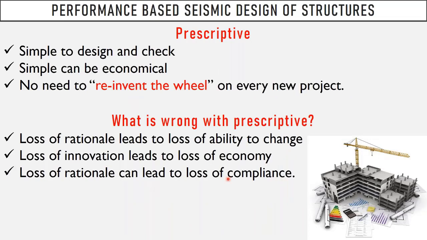But up to now, we have a general approach or general tendency in the design of buildings, which is so-called prescriptive. We have so many codes in different parts of the world, and they provide prescriptive methodologies, prescriptive rules, which are simple to design, very straightforward, simple to check and economical.